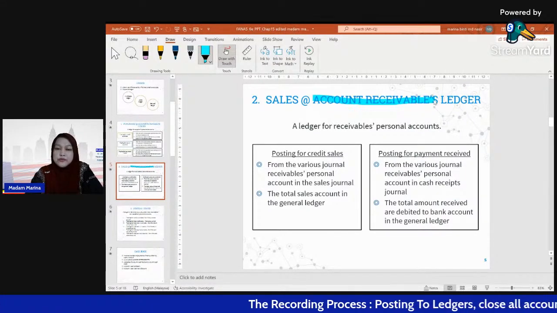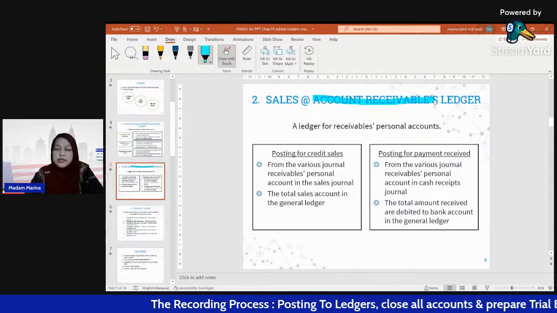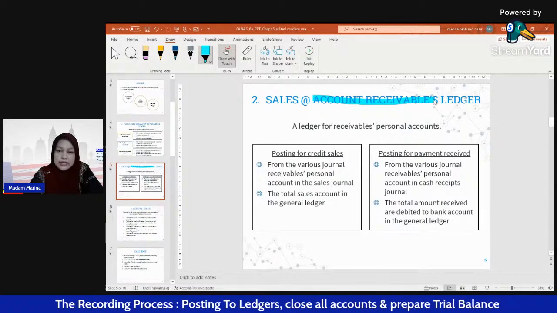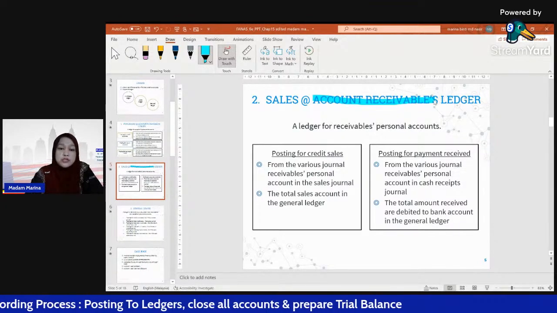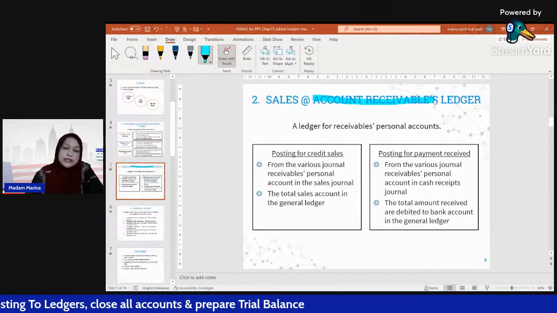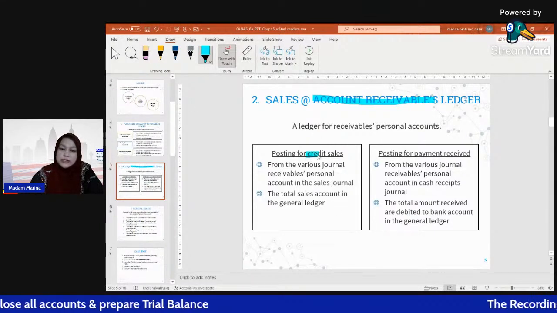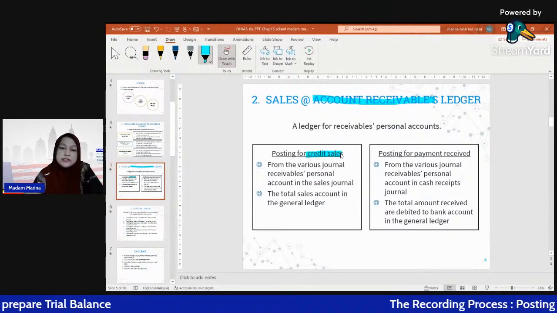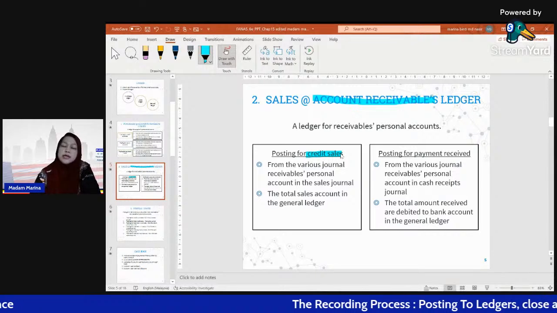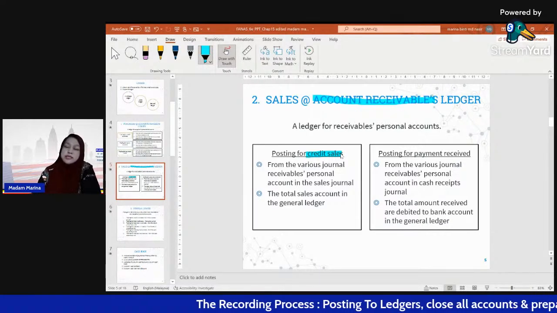What we have to do in the sales ledger or accounts receivable is post all the credit sales, only credit sales. Cash sales are not included in accounts receivable or the sales ledger.